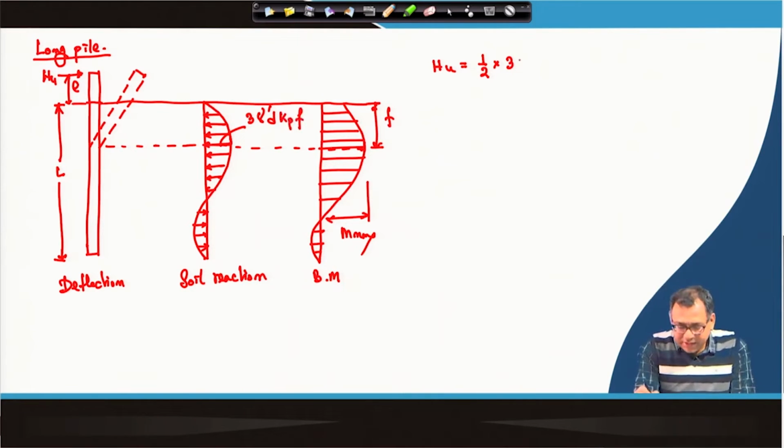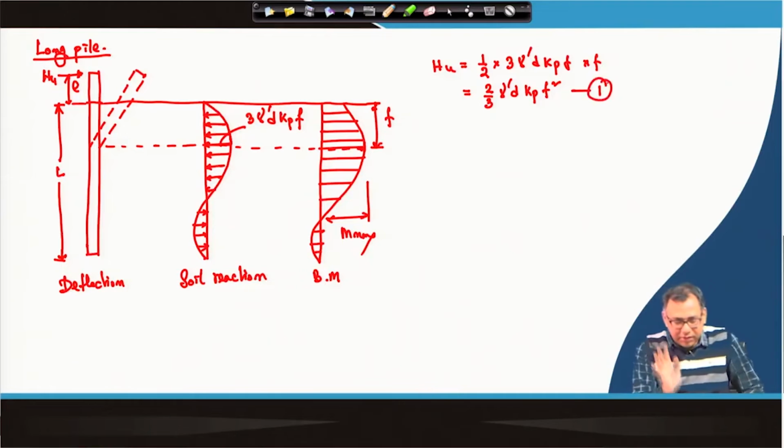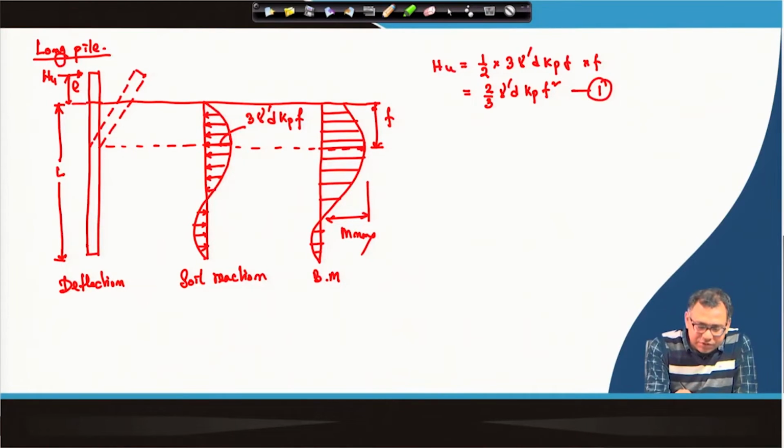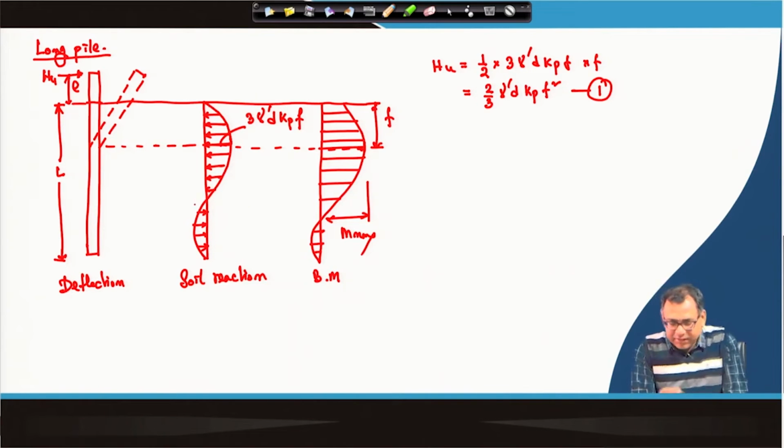Okay. So, I can write this is 3 d k p f into f. So, H u will be equal to 2/3 gamma dash d k p f square. So, this equation is valid here, because why it is valid? Because we assume that this portion is more or less linear, and this positive and this negative, they are balancing each other. Okay. So, this is one equation.